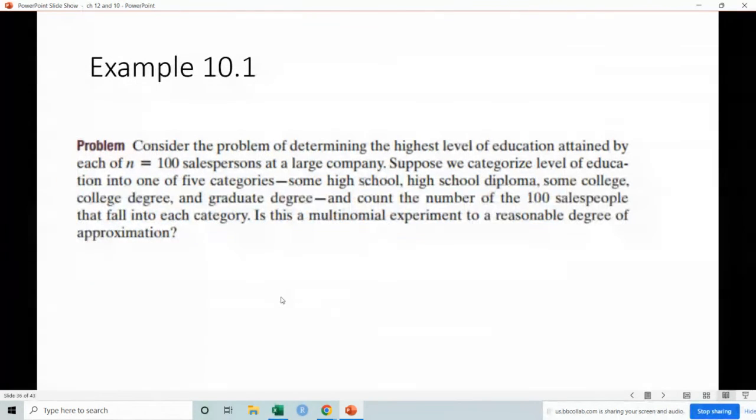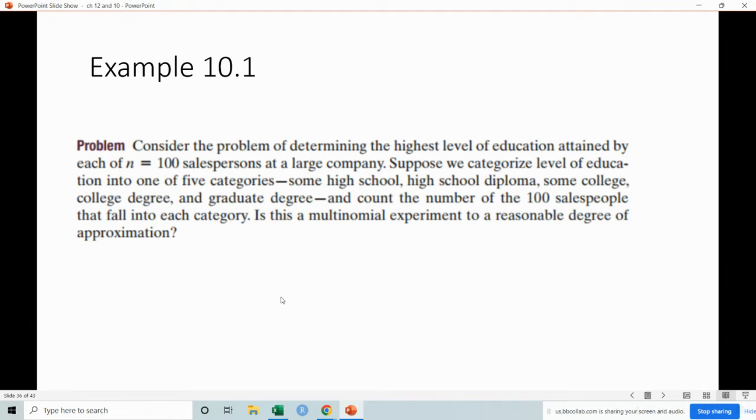the number of observations that fall into each of those k classes. So our first example, consider the problem of determining the highest level of education attained by each of the n equals 100 salespersons at a large company. Suppose we categorize level of education into one of 5 categories: some high school, diploma, some college, college degree, and graduate degree, and count the number of the 100 salespeople that fall into each category.